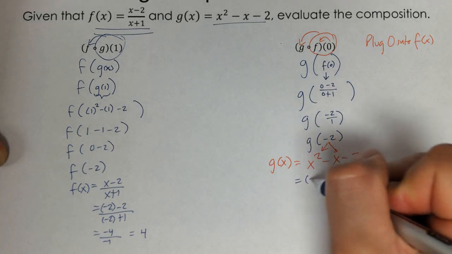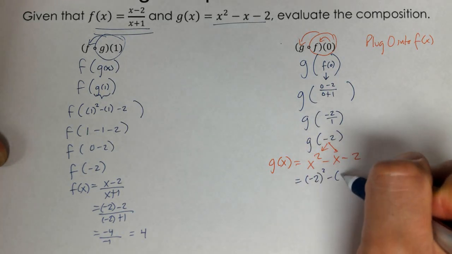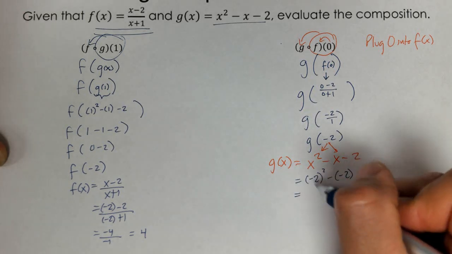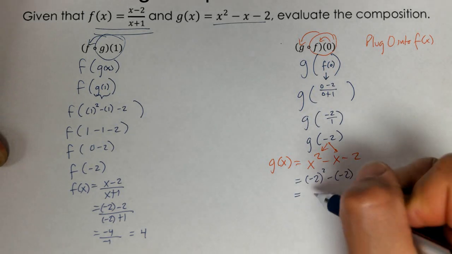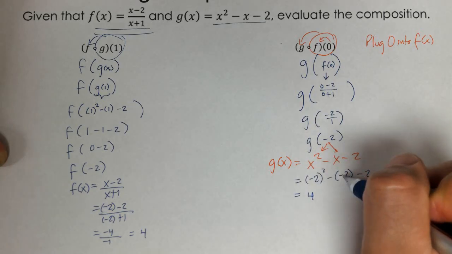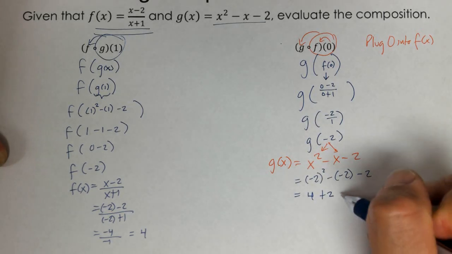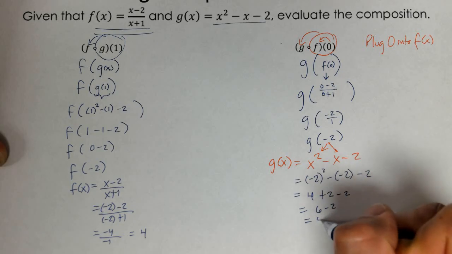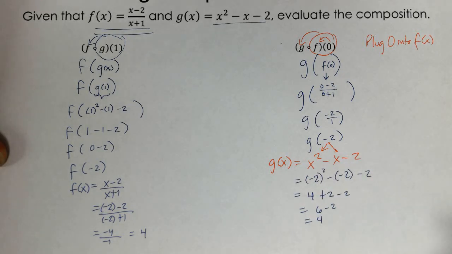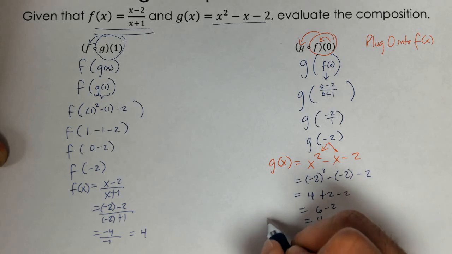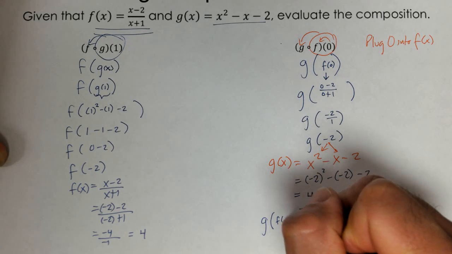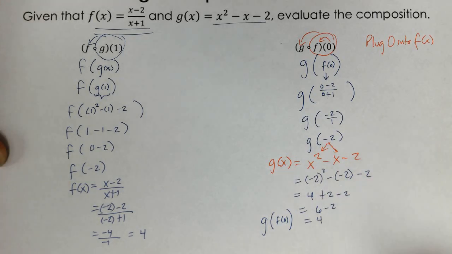And that gives me negative 2 squared minus negative 2 minus 2. Negative 2 squared is a positive 4. Negative times a negative is a positive. And as I combine like terms, I get 6 minus 2, I get 4. So g composed of f at 0 gives me 4.